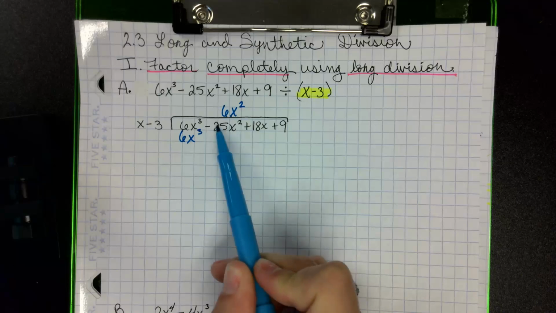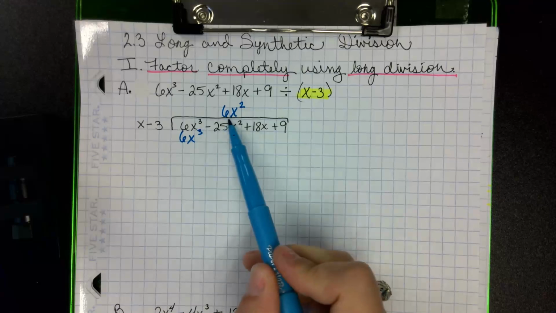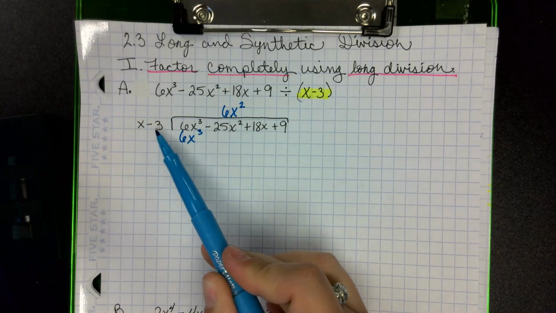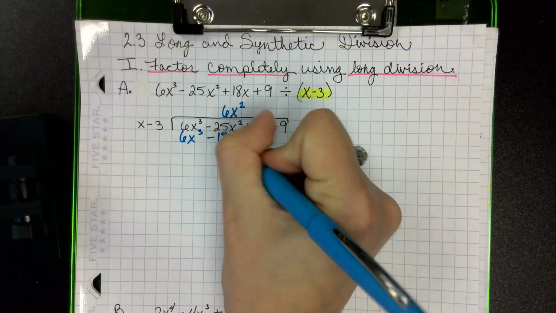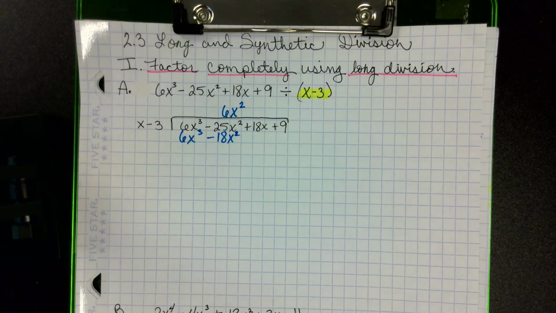So that's why I just go ahead and line up the top part also, and then I don't have to remember which ones I have to and which ones I don't. 6x squared times negative 3, because I have to multiply it by each piece of the divisor, gives me negative 18x squared. All right, so there we go.